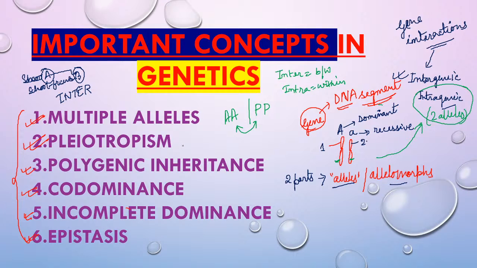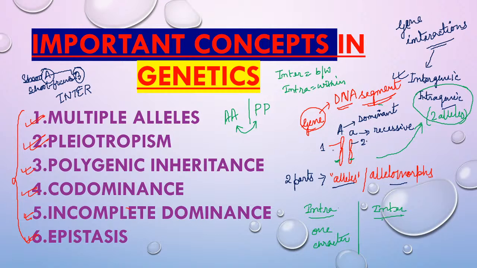Clear? Now, in the case of intragenic gene interaction, we are talking about one character. Suppose, let me keep it like this: this one is intragenic, this one is intergenic. In case of intragenic, we will talk about one character.